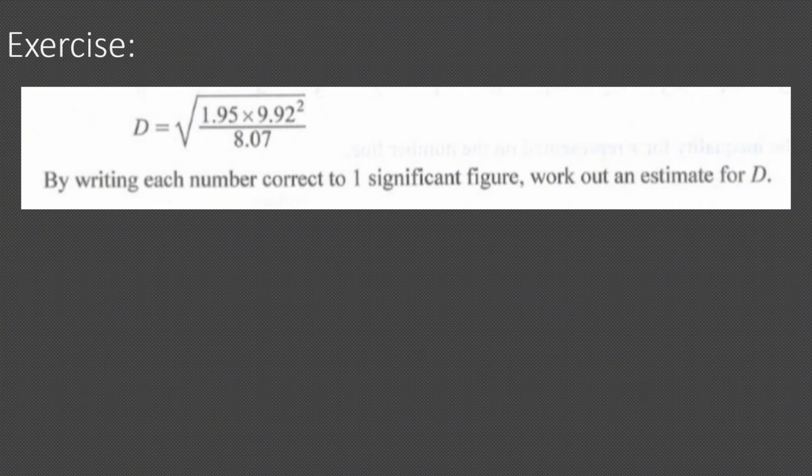So the question is, D is equal to the square root. Remember, this is a square root of 1.95 times 9.92 squared, all over 8.07.